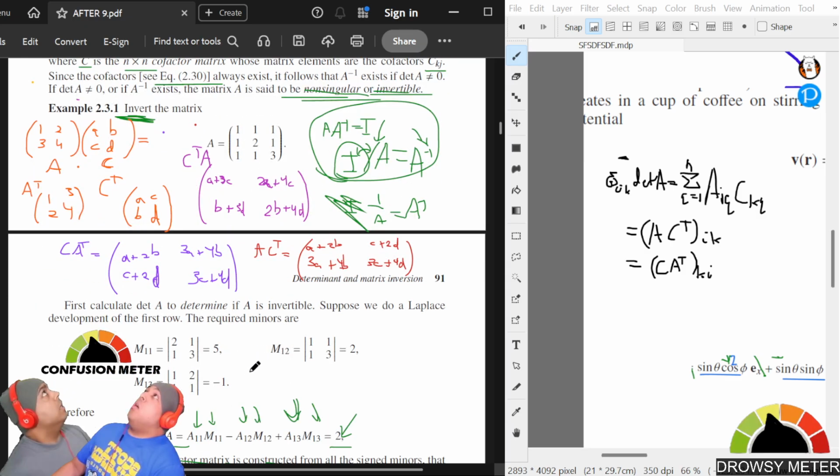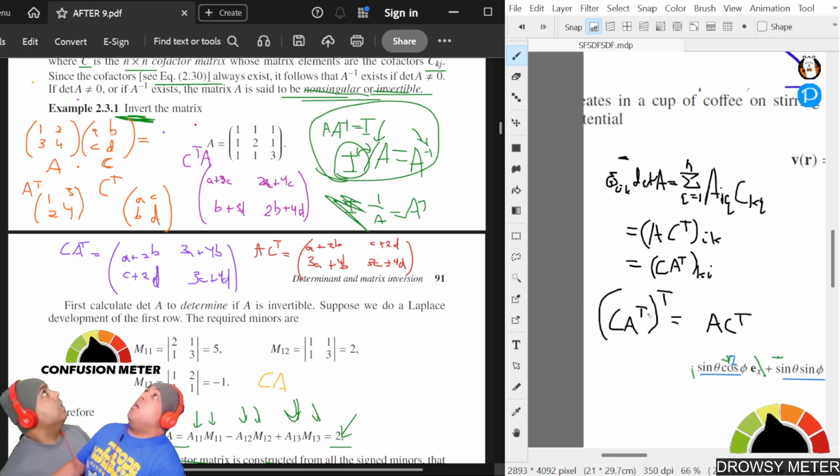Okay. Let me write this here: CA transpose is equal to ACT, A plus 2B, 3C plus 4D. So this guy transposed is equal to this guy, and the opposite too.